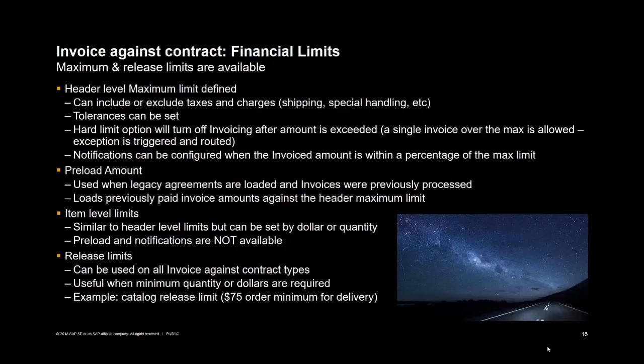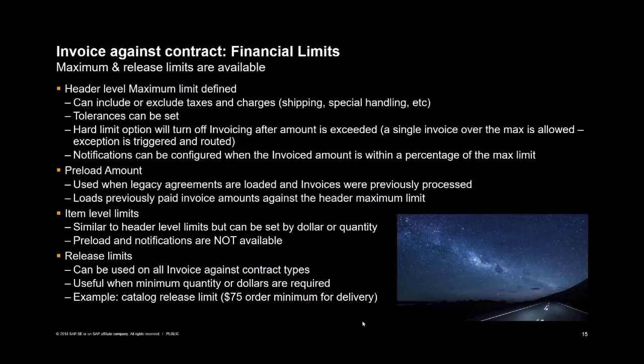So let's say that we're maybe a net new customer or we're still going through the contract conversion process, getting all those old contracts in the system. I have a $1 million contract, but I've already paid 500,000. Well, I really don't want to change the maximum amount to be 500,000 because it was a $1 million contract. And so the preload amount is exactly what it sounds like. I can load it at $1 million and then preload the $500,000 that I've already spent against it so that the system knows there's only $500,000 left.